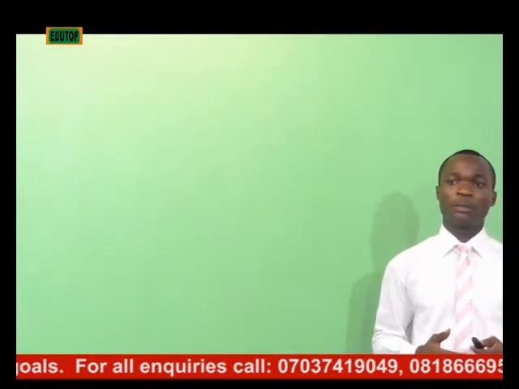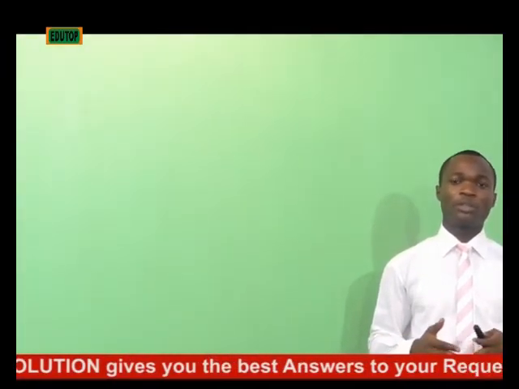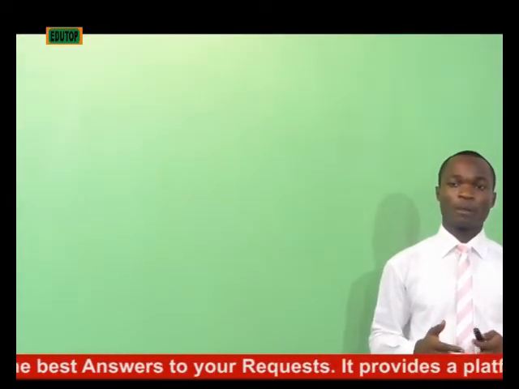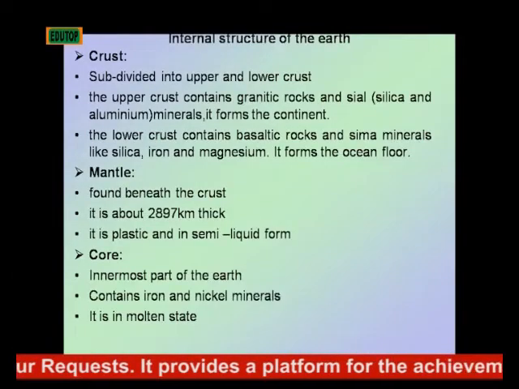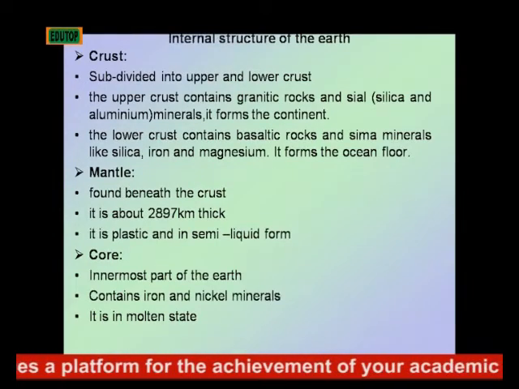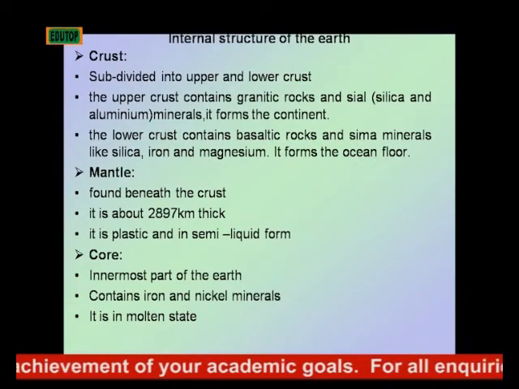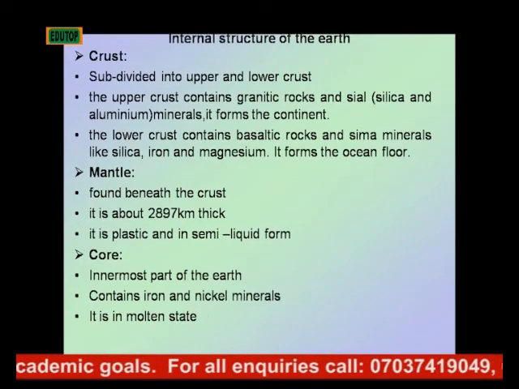Now let's look at the internal structure of the earth. The internal structure of the earth is subdivided into the following. We have the crust, subdivided into upper and lower crust. The upper crust contains granitic rocks and sial minerals.